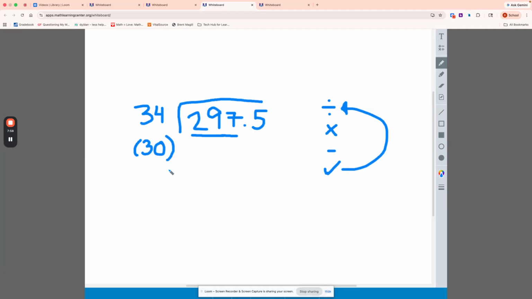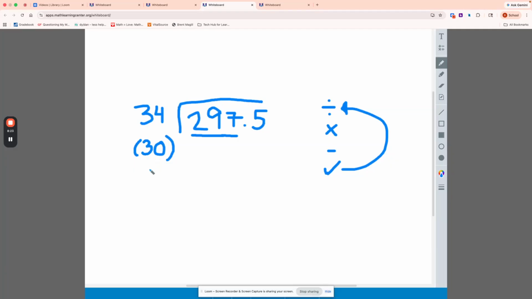All right, so now I'm going to think, what times 30 is close to around 297? Because they're tens, right? So what times 30? Again, knowing your math facts, what times 3? Then shift it one place because it's 10 times bigger. Let's see.